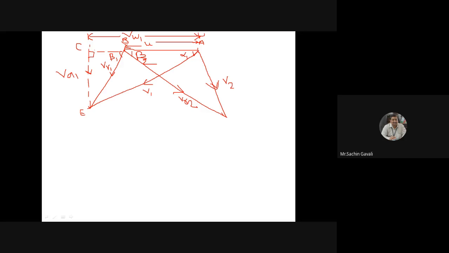V2, being the resultant velocity of steam, also has two components. One is in the perpendicular direction, VF2, and in the same direction as V2, another component is called VW2.